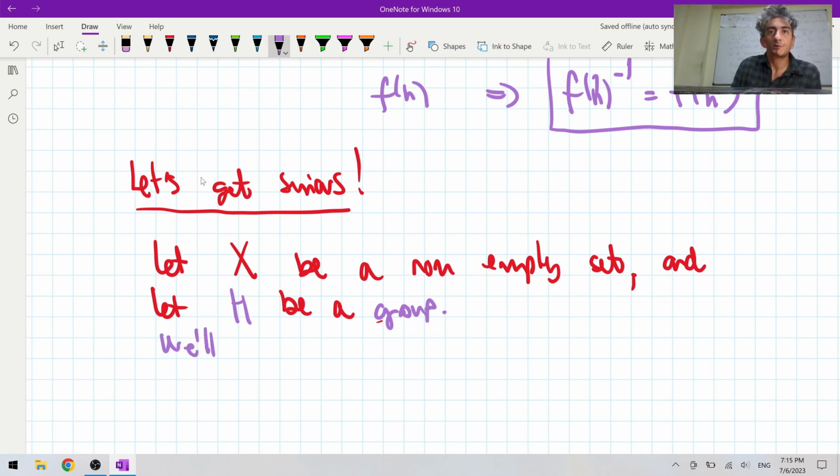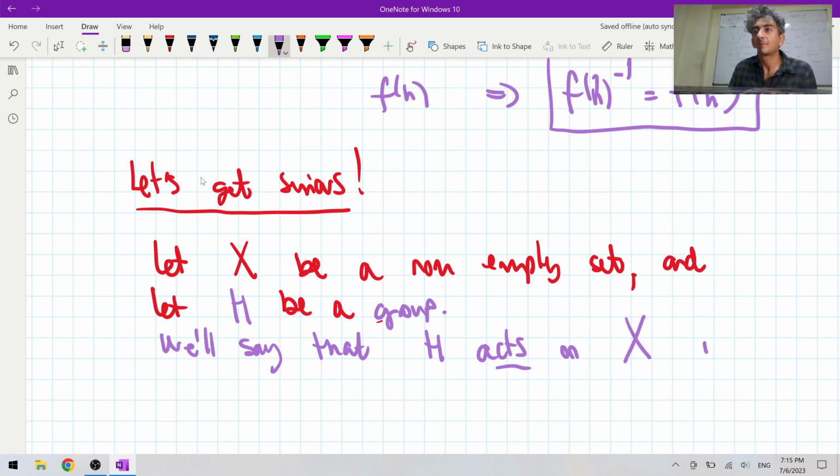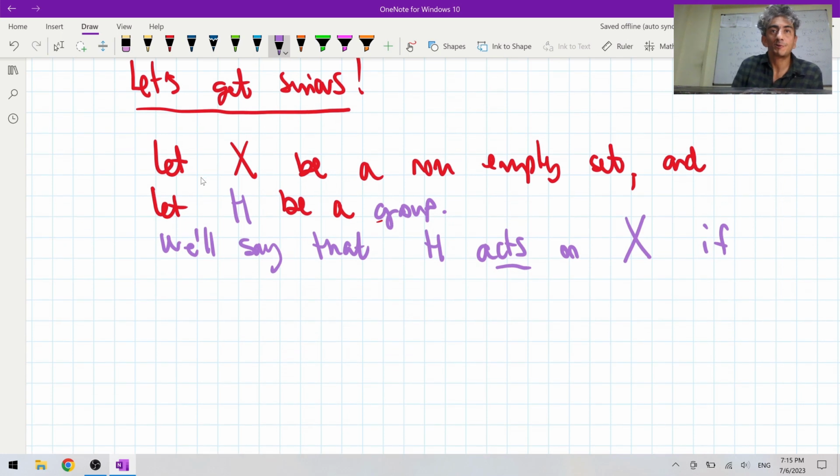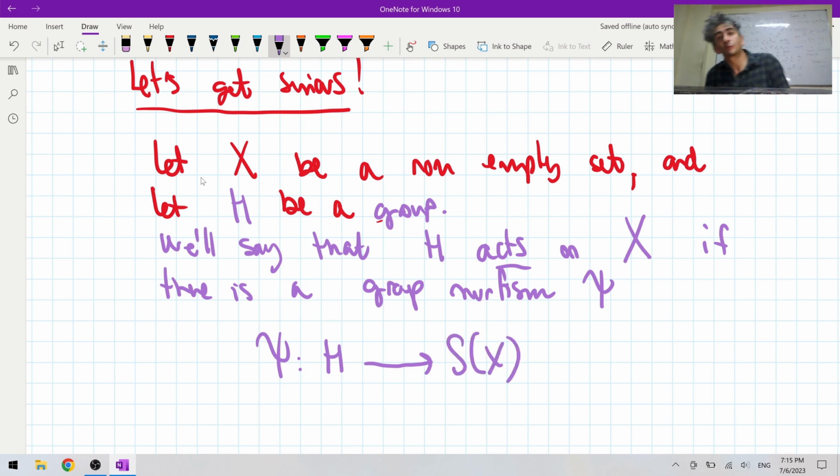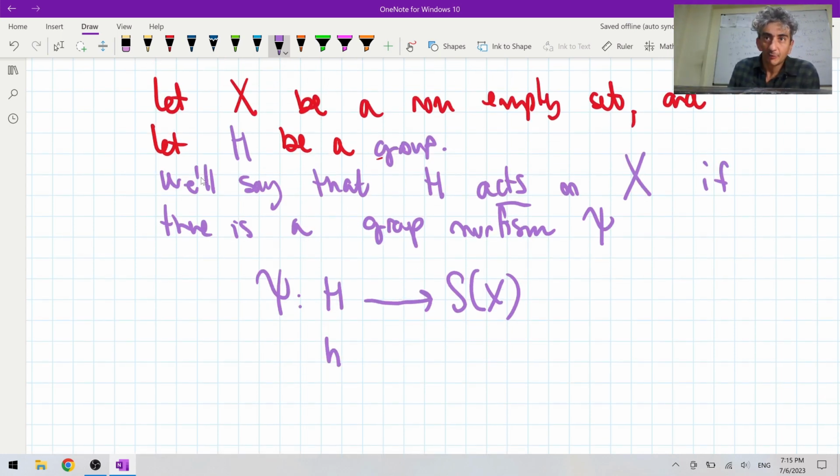We'll say that H acts on X if there is a group morphism psi that takes elements of H to elements of the transformation group of X. That is, to each element of H, what we have is a bijection from X to X.